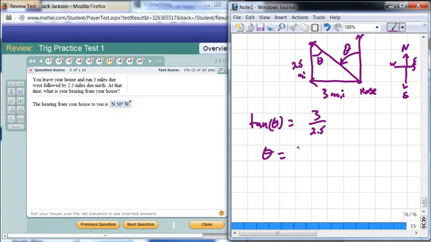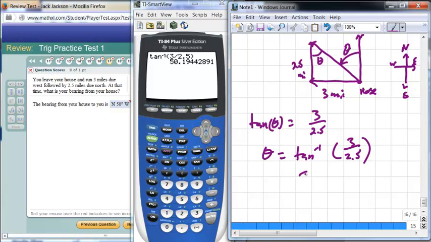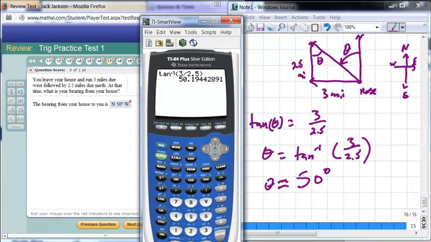So our theta is the inverse tangent of 3 over 2.5. Inverse tangent of 3 divided by 2.5. So that's about 50 degrees, if we round off to the nearest degree, I think it probably tells us that.